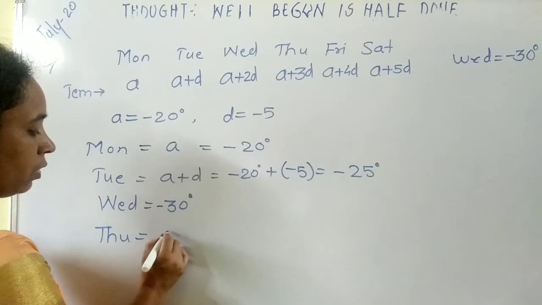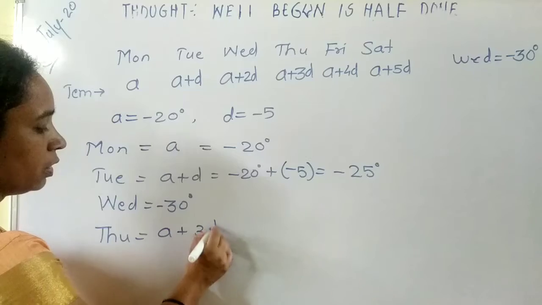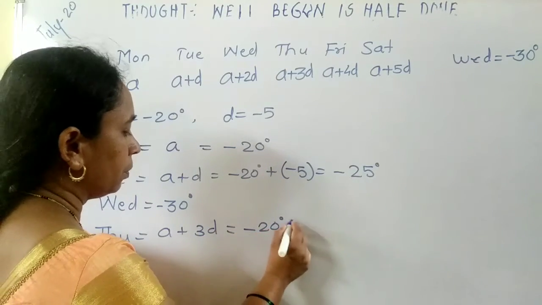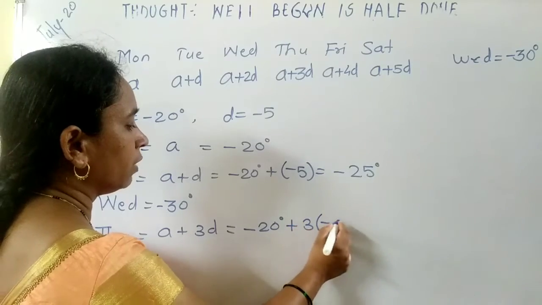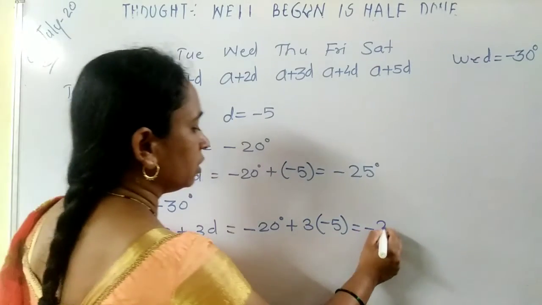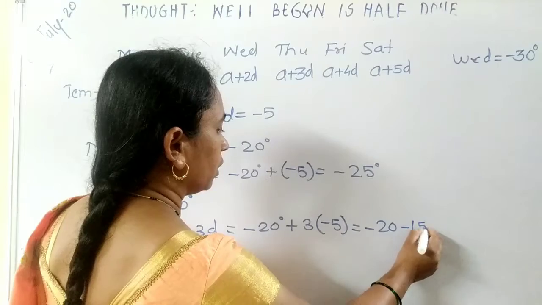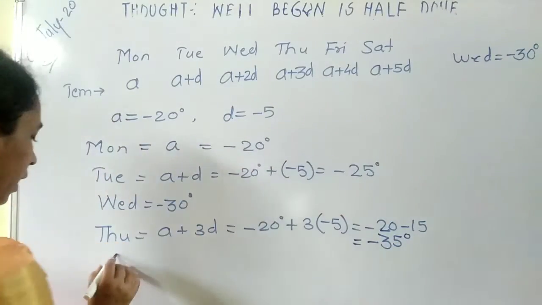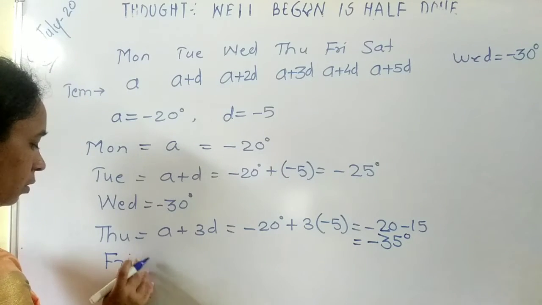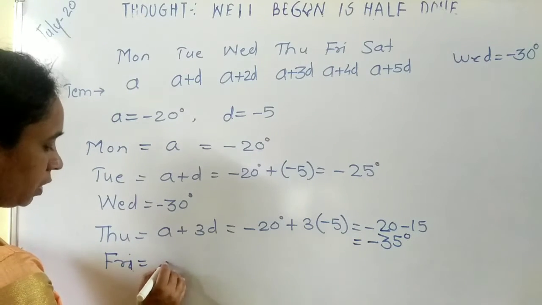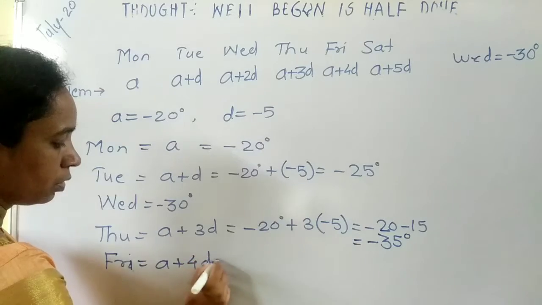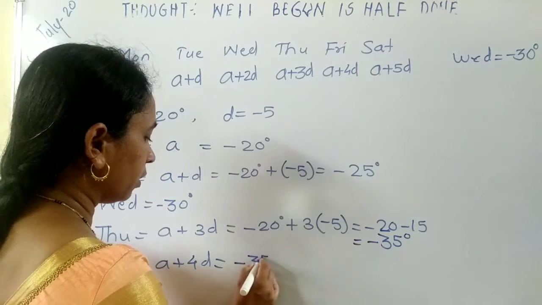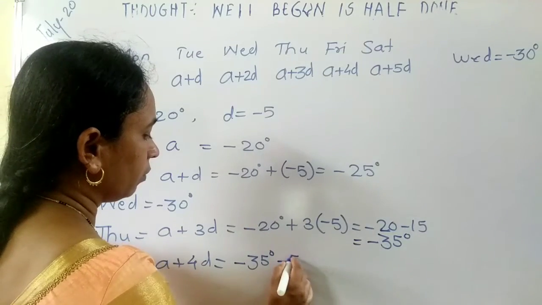Thursday is A plus 3D. A's value is minus 20 degree plus 3 into minus 5. That means minus 20 minus 15. We have minus 35 degree. Friday is A plus 4D. That means Thursday's minus 35 degree, I'll just add the minus 5 degree.